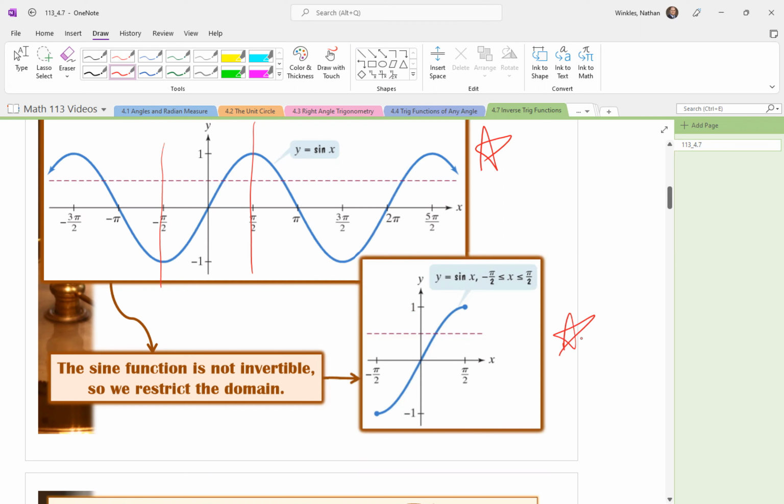So y equals sine of x only between negative pi over 2 and positive pi over 2. We have this little cubic-looking function. By restricting this domain, we end up with only a little piece of it, and we'll see what we can do with that in just a second.